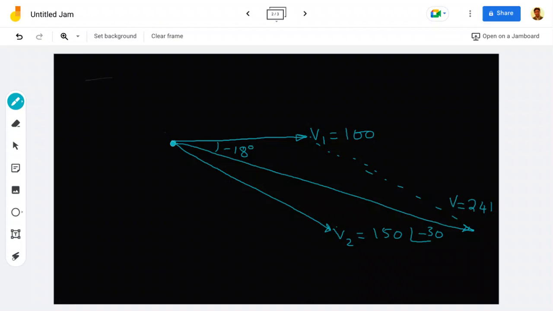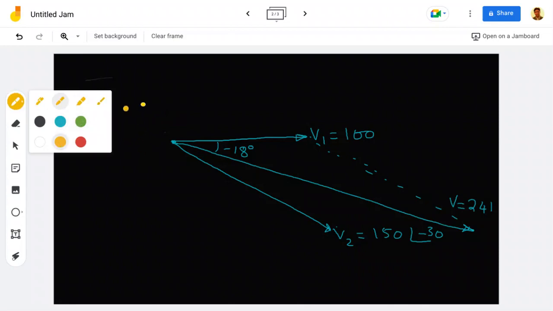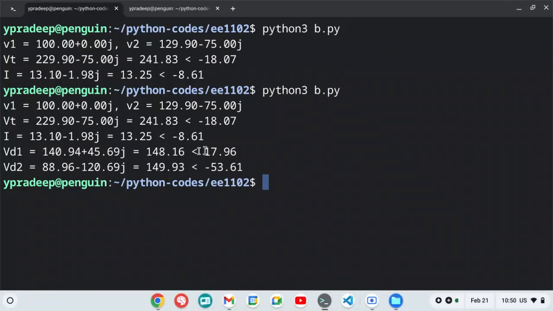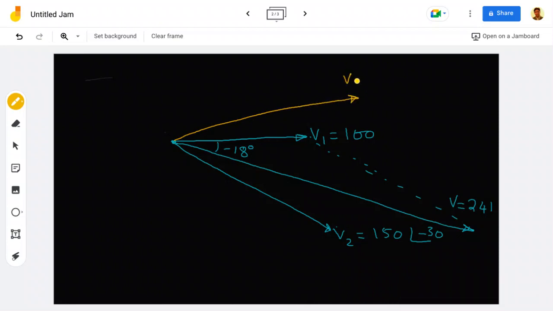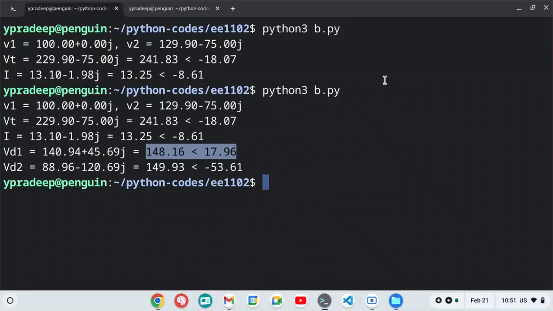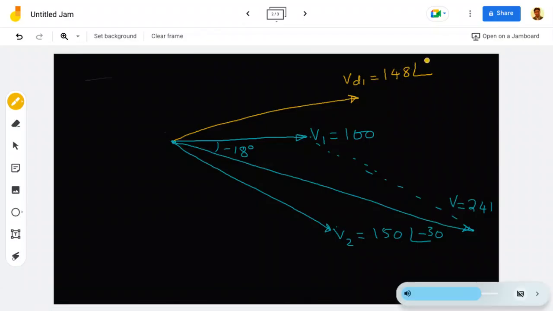So now we got two more things. So let's change the current color. So what is VD1? 148 with angle of almost plus 18 degrees. I round it off to 18 degrees. Okay. So let's do that. VD1 is 148 with an angle of 18 degrees.